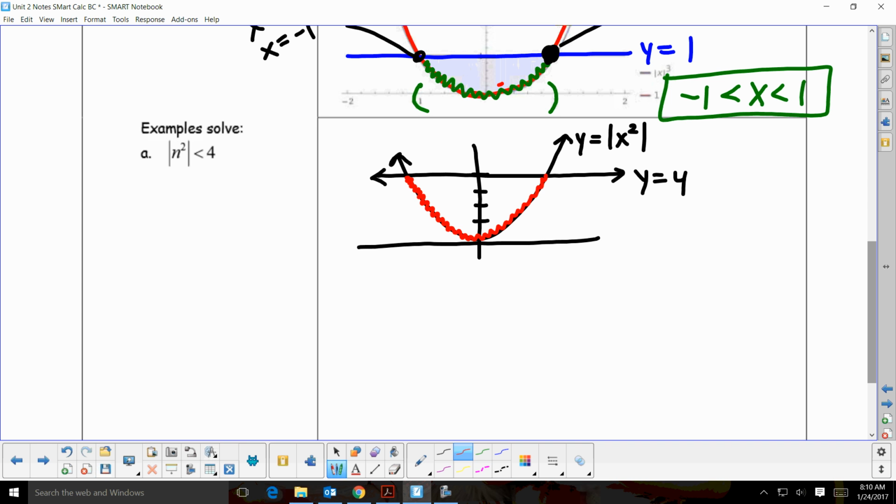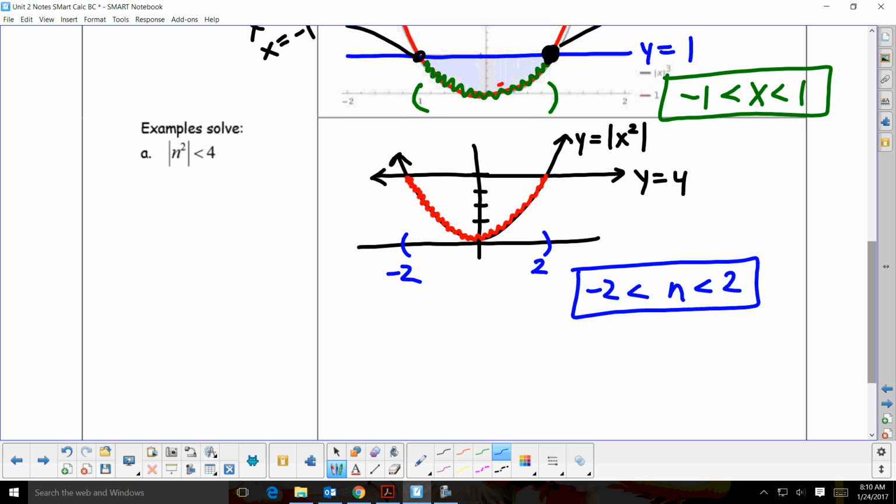So here's the whole time where that graph is below the 4. So I want to know what would be the interval here where that would work. Where do they intersect here? -2. Where do they intersect here? 2. So there's my answer. Is that okay?